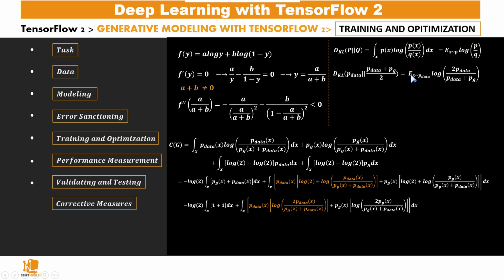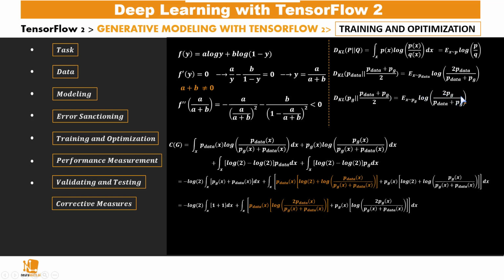This will be given as the expectation of x from p data of log of 2 p data divided by p data plus pg, and also the divergence of pg with (p data plus pg) divided by 2 to be the expectation of log of 2 pg divided by p data plus pg. Now we could see clearly how this is gotten from this. We just basically take this divided by this.